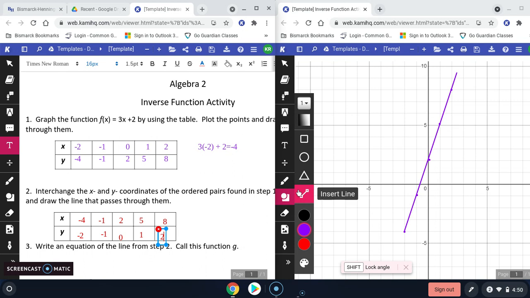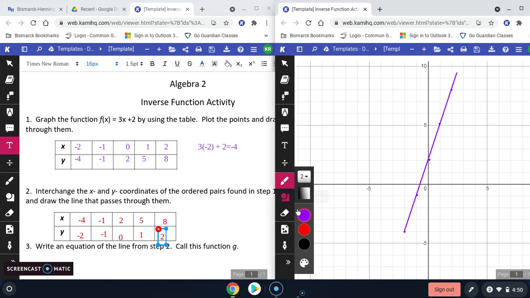Okay, same thing, go over here to your graph. I'm going to plot those points now. So -4, -2, and then -1, -1. So they're going to intersect at -1, -1. There's 2, 0, 5, missed that one a little bit. There's 5, 1, and then 8, 2 is about right there.